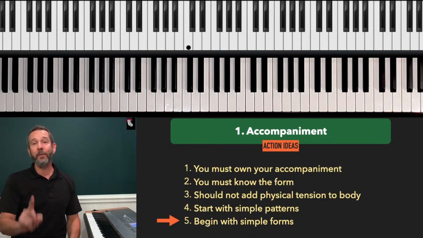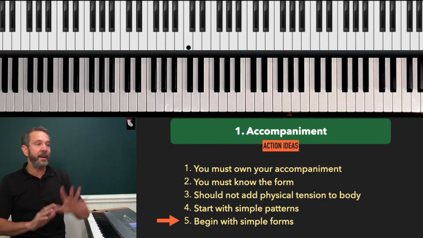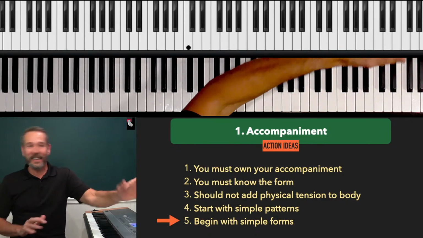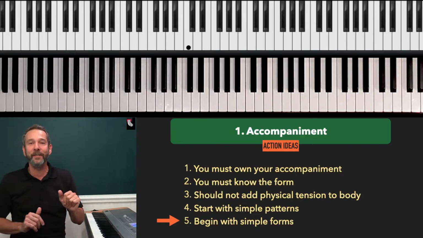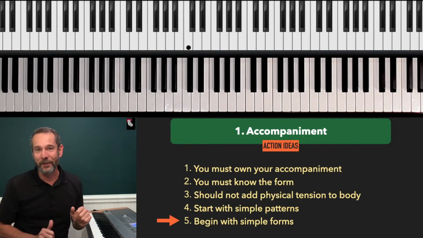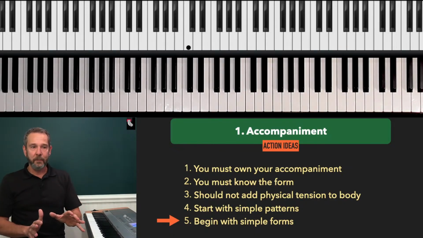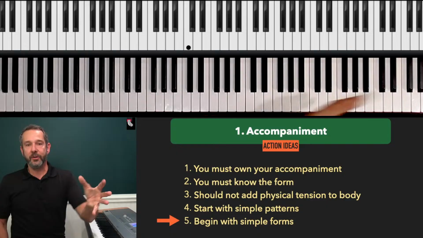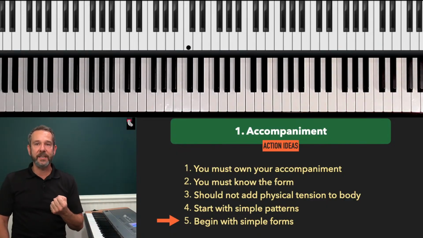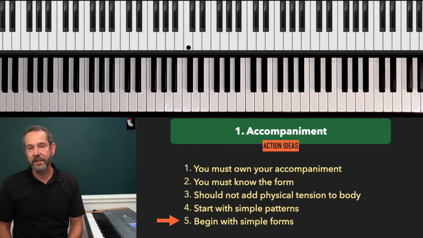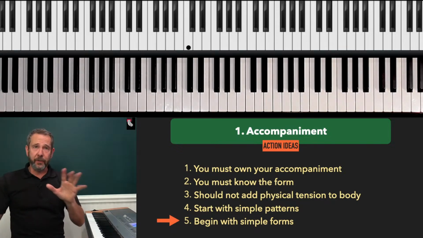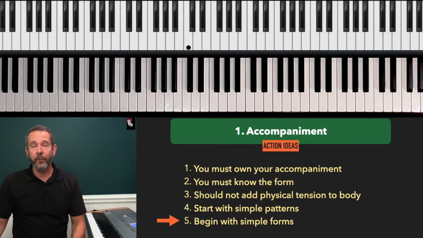I can get every one of you to improvise. Now, whether or not you're going to improvise like Bill Evans or Keith Jarrett or Chick Corea or whoever, that's going to be up to you and your practice schedule, right? But everybody can improvise. Unfortunately, students try taking on too much and then they simply say, no, I can't improvise. All right, so those are your 5 different action items for accompaniment.